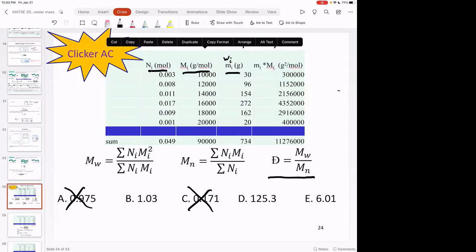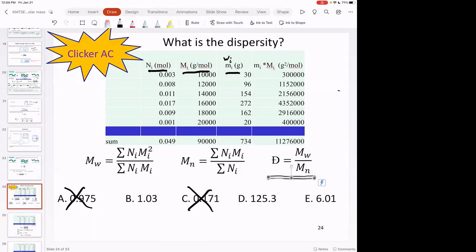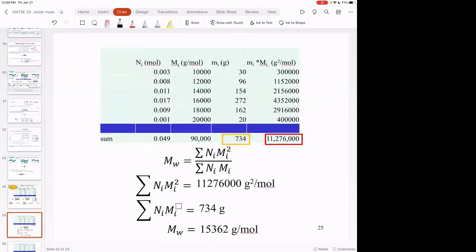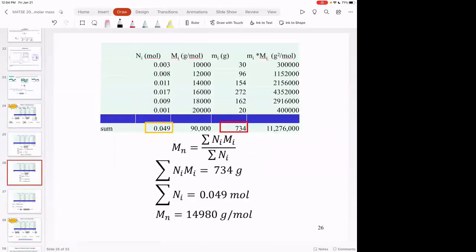So we look at this table and we've got MI, and then we have the mass times the moles, and it turns out that we can get all of our quantities from this table. So we can calculate the MW from this, and when you go back and look at this, make sure you figure that out.